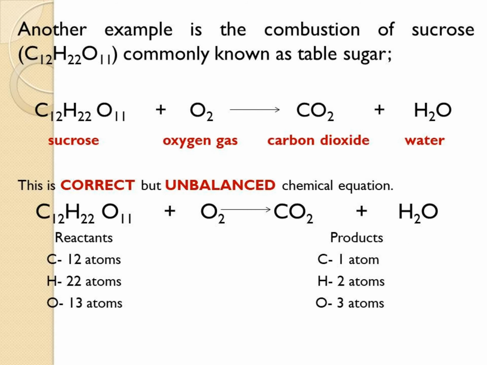Another example is the combustion of sucrose, another form of sugar, commonly known as table sugar. C12H22O11, that's the chemical formula of sucrose, reacts with oxygen gas to form carbon dioxide and water. Again, this is an unbalanced chemical equation, so we need to balance it by finding the right coefficients.